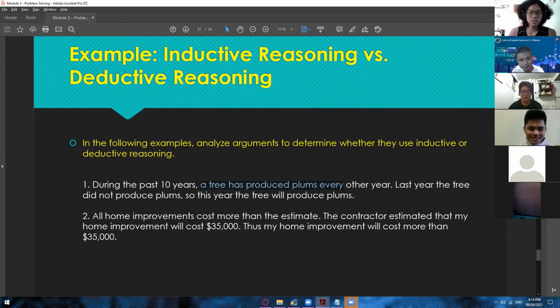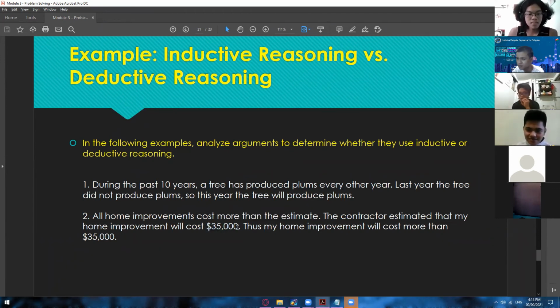Was the contractor's estimate at minimum $35,000? Because the second sentence says it will cost more than $35,000. I don't know if the estimate is the average, $35,000, or would be more. Let's just say the minimum is $35,000.